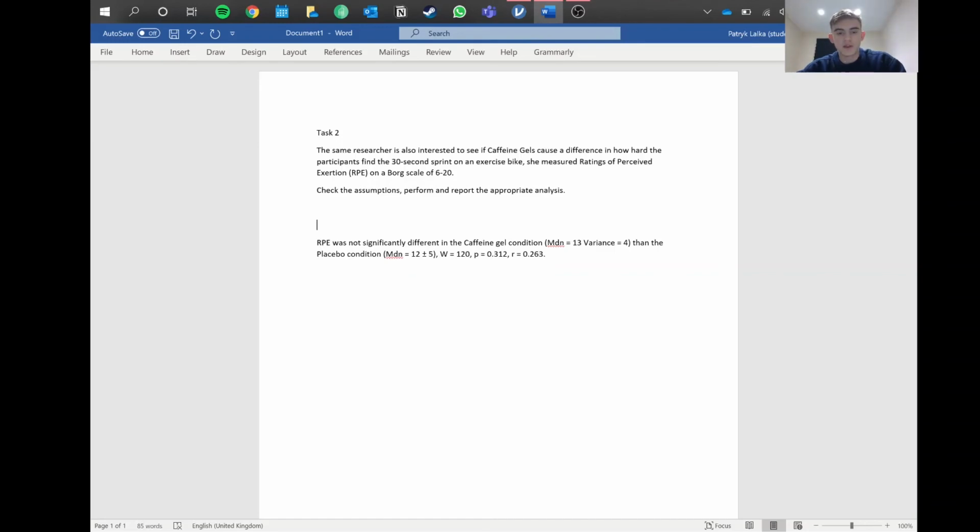But as important, especially for these tests of difference, you need to look if the data is ordinal. The same will go for correlation when we get onto that: if the data used is ordinal, we'll go to the non-parametric equivalent. Just make sure of that, and it's a good way, if you spot that, to not waste your time with the normality and the assumptions and just jump straight to the non-parametric view.